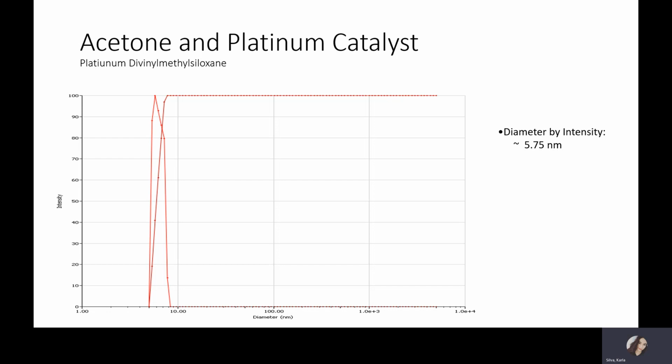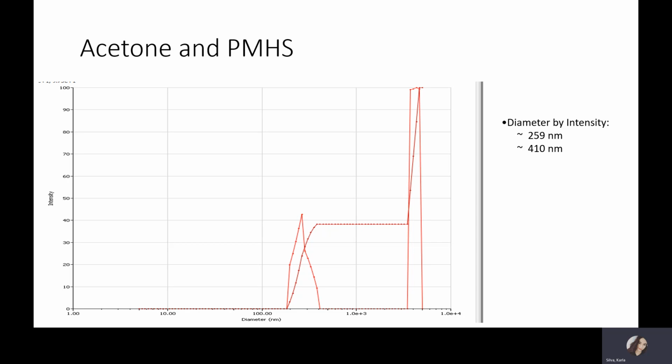And so for the platinum catalyst, I had a peak at around 5.75 nanometers in my intensity versus my diameter. Then I also ran the PMHS, and I had 2 different peaks, which at first I did not expect. But then I found out that PMHS tends to be a little unstable.